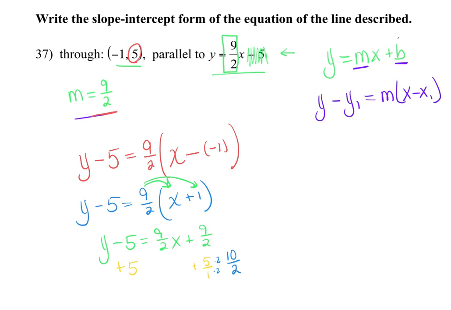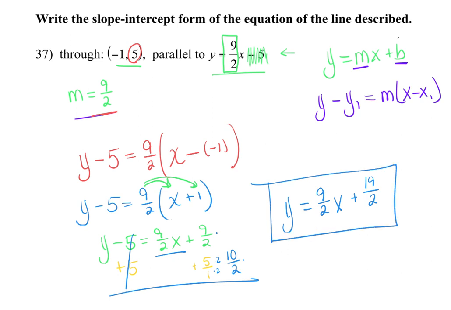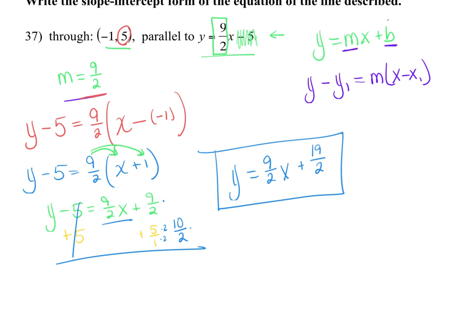So that's the same thing there. So I have canceled the 5 out there. My y is by myself. 9/2 x, that doesn't change. And then I have 9/2 plus 10/2, that's 19/2. If I cannot simplify it, that is my answer. I'm done. So this is if you use point slope.